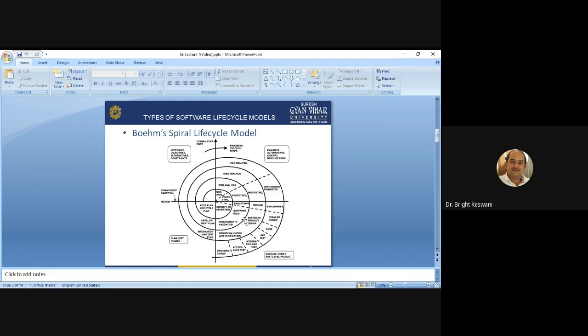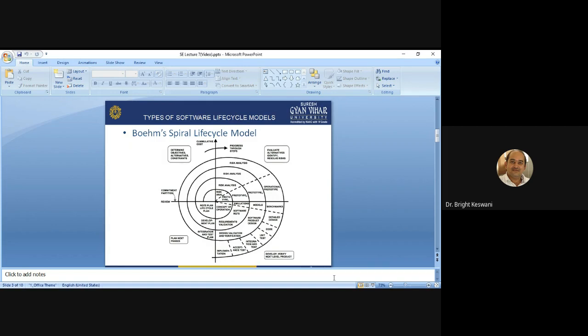Then we are acquiring the software requirements, validating the requirements. Then we are planning for the development, and so on. The coil is moving towards the development.